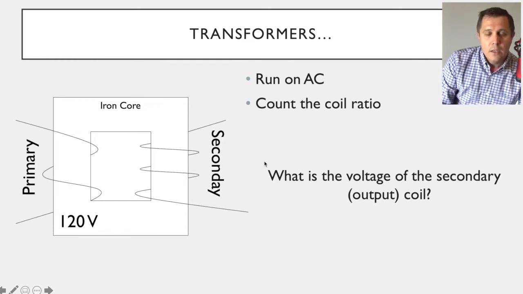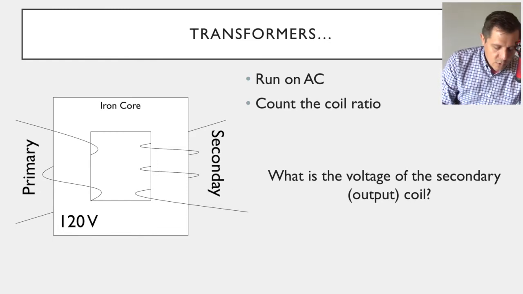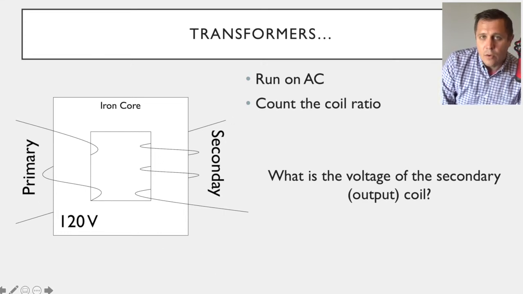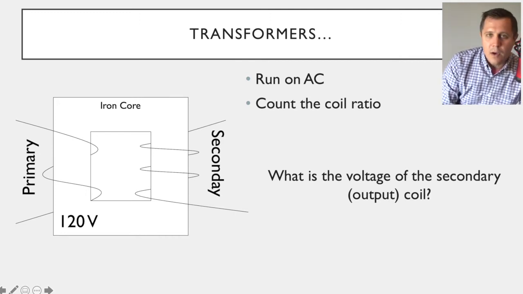So you now have a changing magnetic field. So then when you look at the secondary coils, if you have a changing magnetic field, you're going to create electric current on these wires. And so now you're going to have current going out of that secondary from the primary.